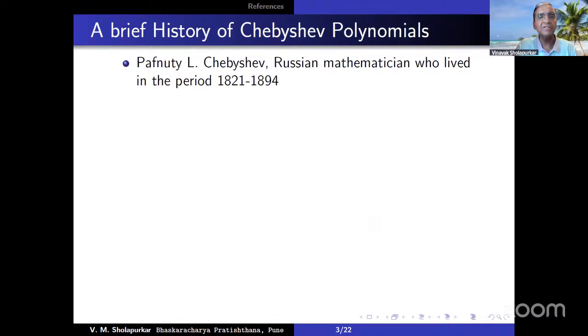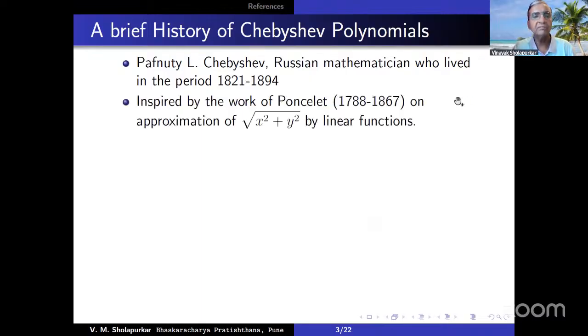Pafnuty Chebyshev is a Russian mathematician who lived from 1821 to 1894. So typically a 19th century Russian mathematician. He was inspired by the work of Poncelet.